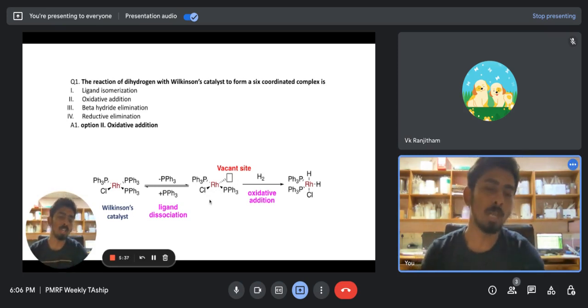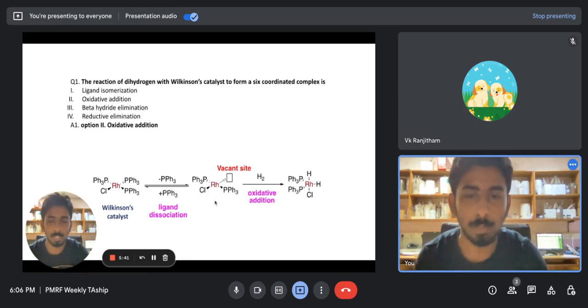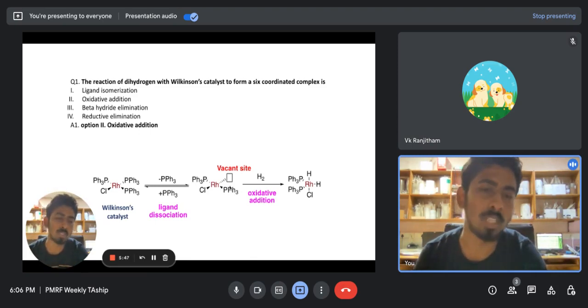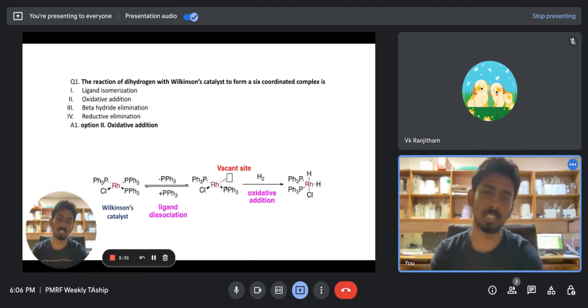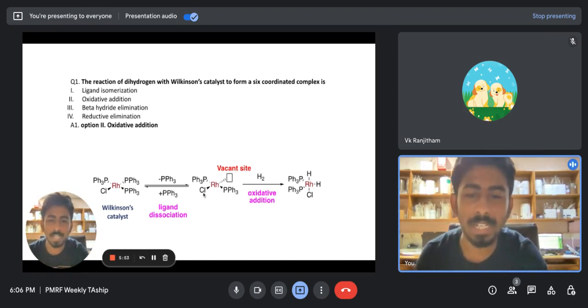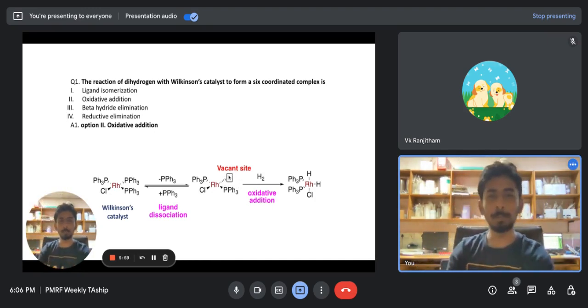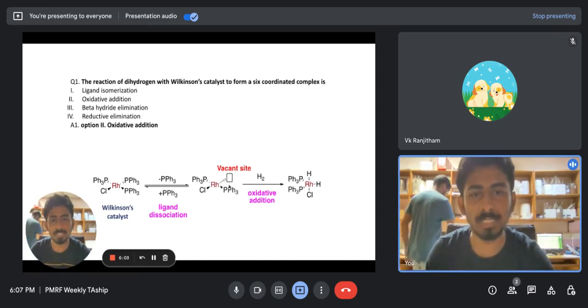Chloride cannot go out, because then the rhodium(I) state would not remain. If a neutral PPh3 goes away, it remains in the rhodium(I) oxidation state. So between chloride and PPh3, it is one of the PPh3 molecules that goes out, creating a vacant site at the rhodium center.